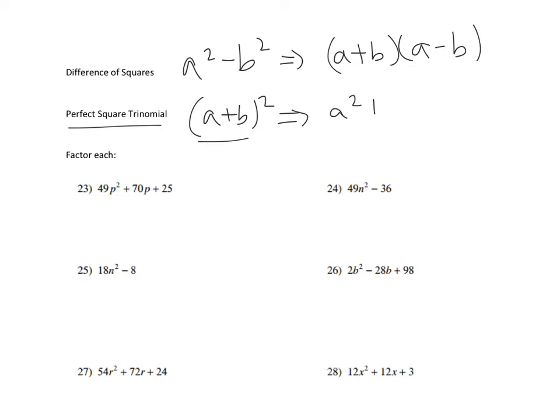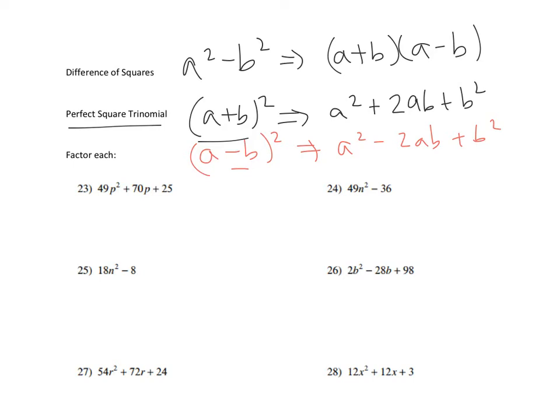The original form looks like a squared plus 2ab plus b squared, and you can figure that out by FOILing. And you could also have a perfect square trinomial that has a minus b, and that's the same except it's going to be a squared minus 2ab, but it's still going to be plus b squared, because negative b times negative b is a positive b squared.